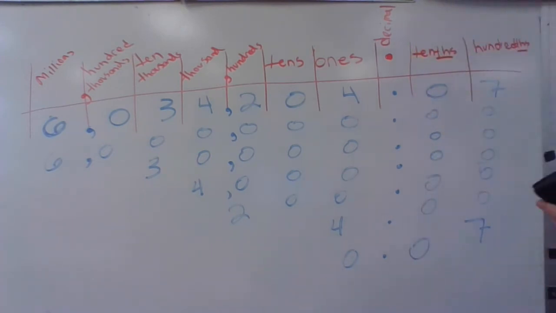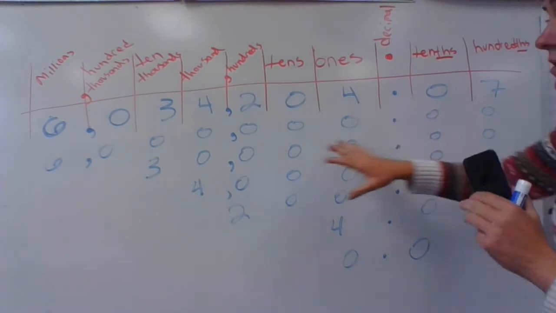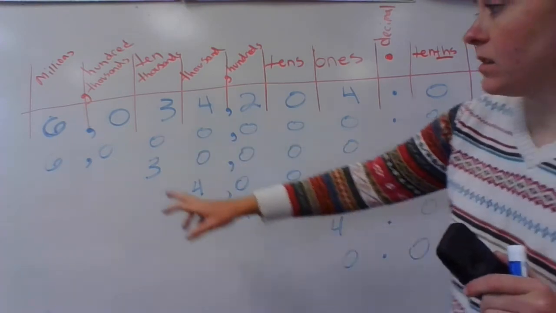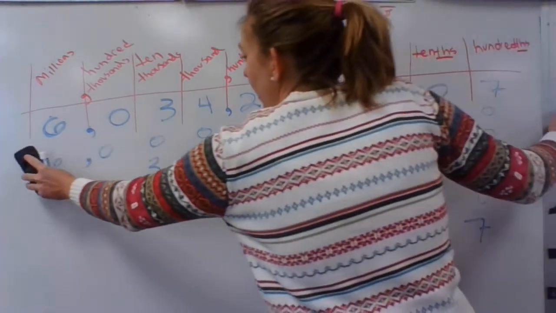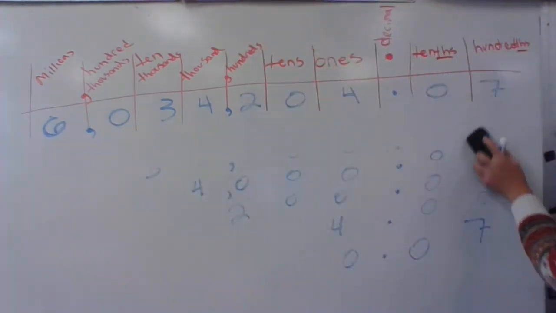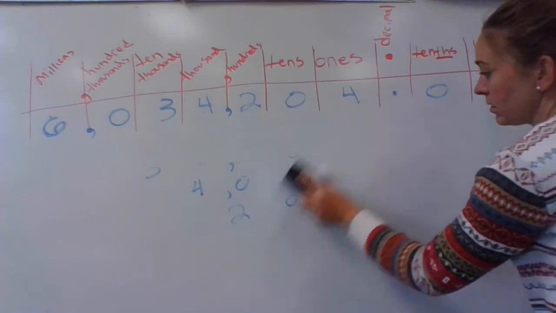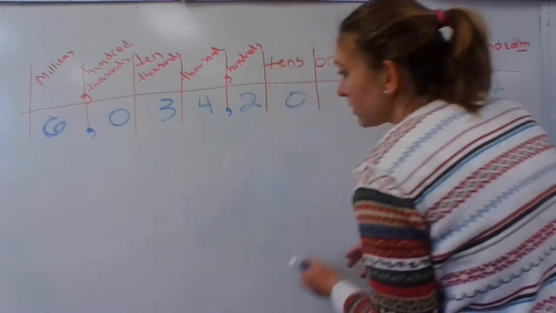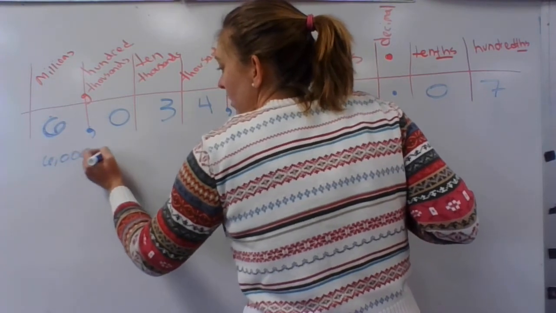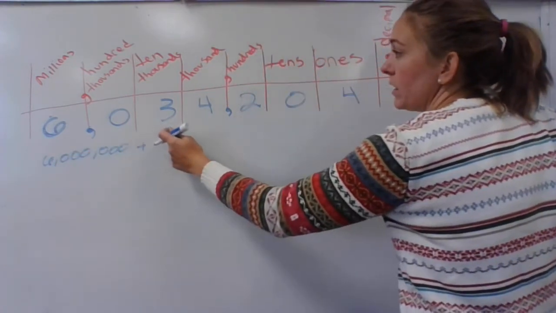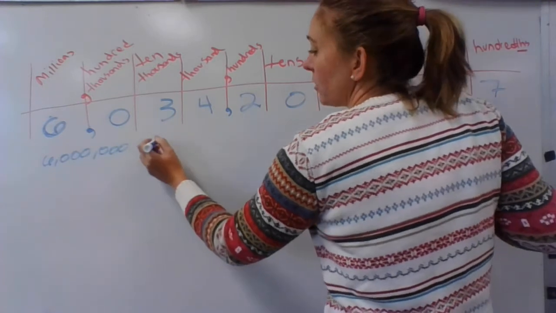All right, so now that I've got this, and you can see where all those numbers are coming from. Remember, the 6 isn't really just 6, it's 6 million. I'm going to erase this and we'll write it out in expanded form. All right, so 6 million plus 3, let's see, so that's in the 10,000s, 30,000.